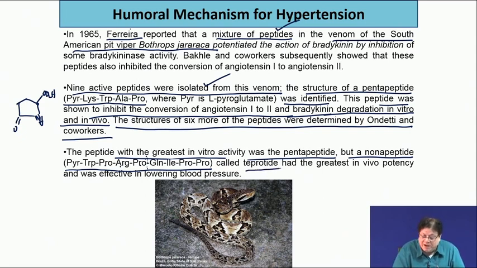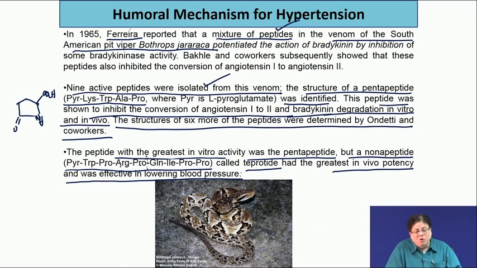It is called teprotide, had the greatest in vivo potency and was effective in lowering blood pressure. So, a lot of peptides were isolated, and some of them have very good potency in inhibiting the angiotensin converting enzyme and thereby reducing hypertension, lowering the blood pressure.